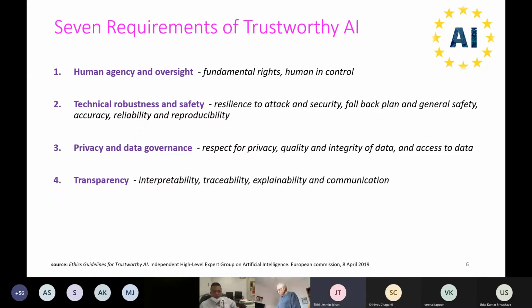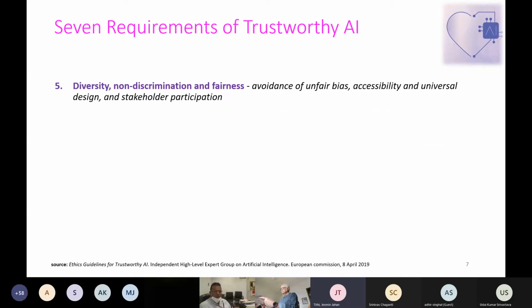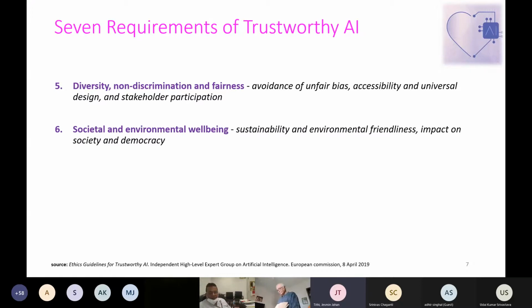The fourth requirement is transparency, and that includes interpretability, traceability, explainability, and communication. The fifth requirement is diversity, non-discrimination, and fairness, and that includes avoidance of unfair bias, accessibility and universal design, and stakeholder participation.